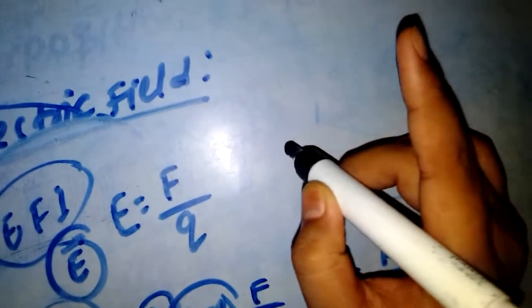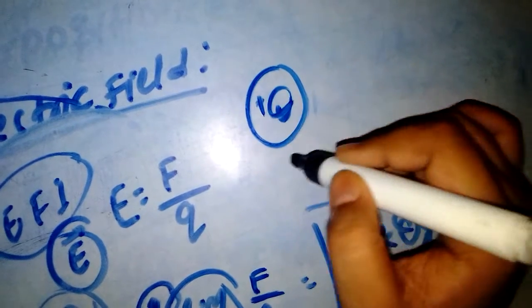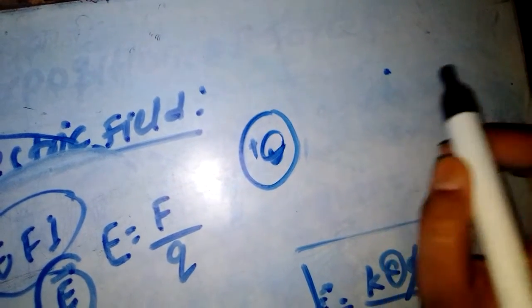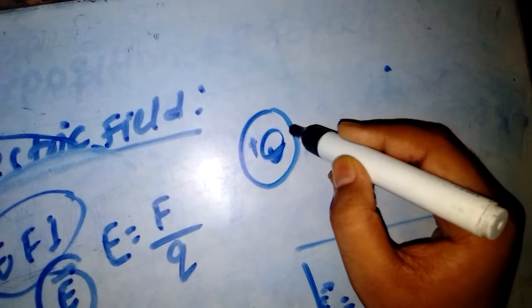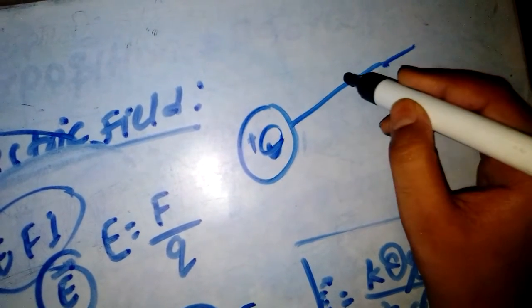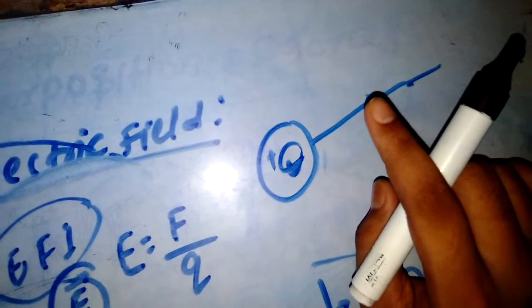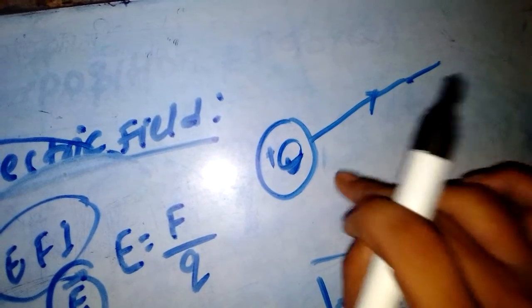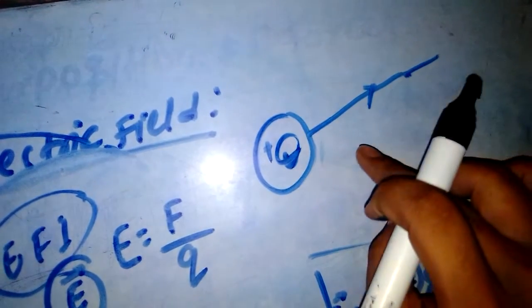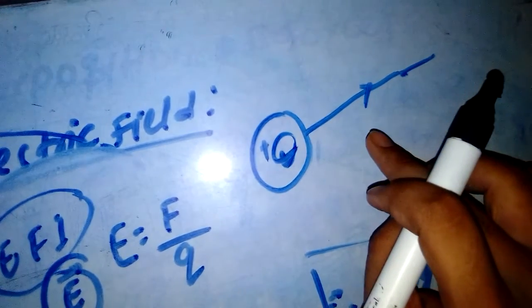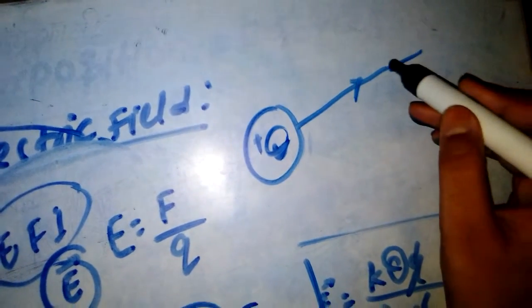If the source charge Q is positive, then at the test charge the direction of the field is away. This word, line joining, is very important. The direction of the field at any point will always be along the line joining the charge and the point.